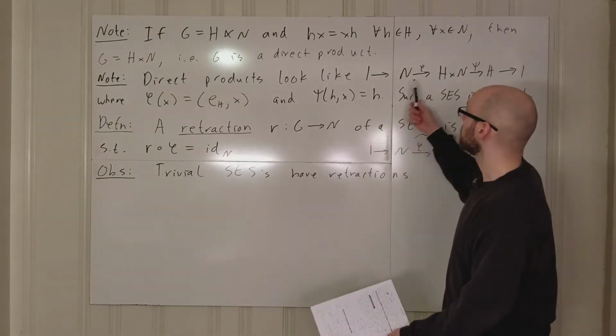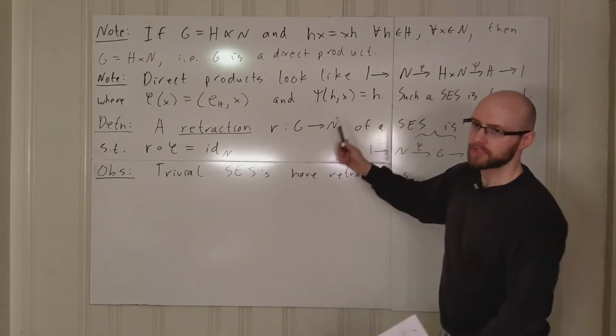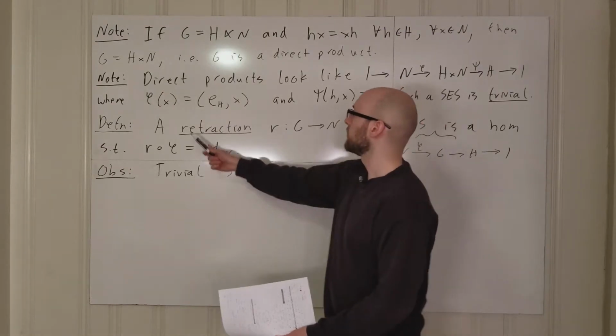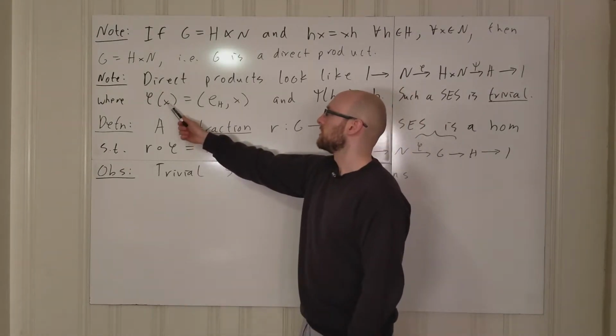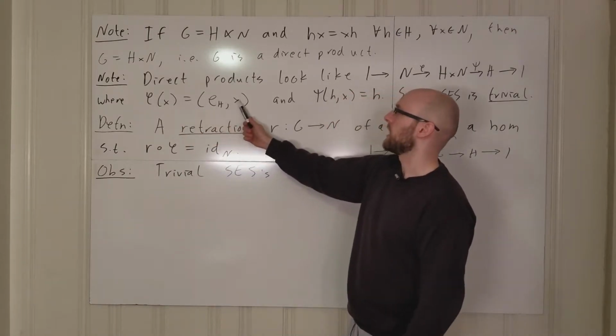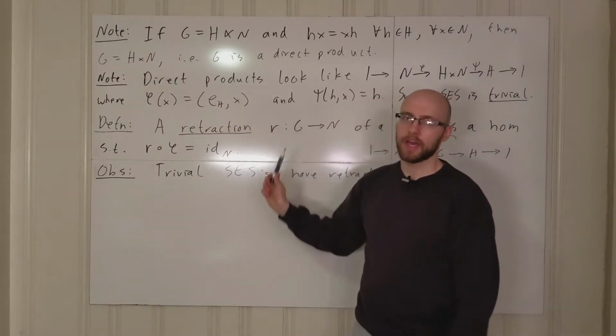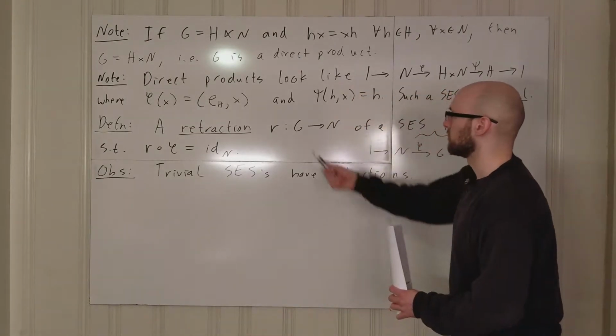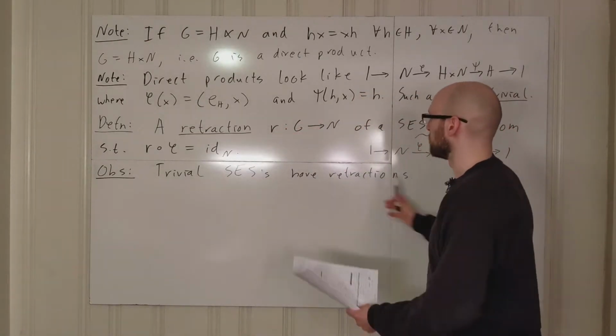And clearly that's a group homomorphism, and if you compose r with phi, if you start at x, phi takes you to (e_H, x), and then r takes you back to x, and so it's the identity. Therefore, there's a very natural way to get a retraction here.